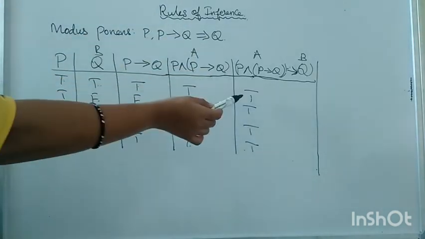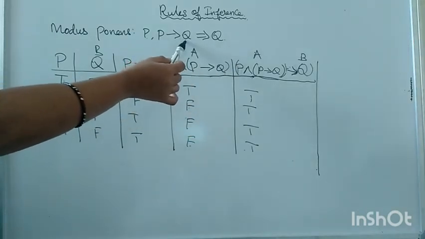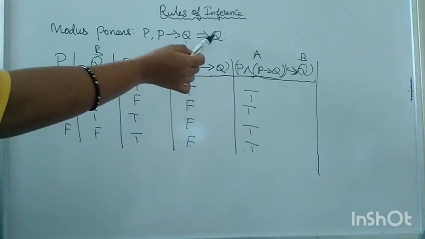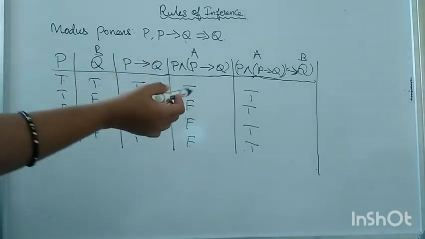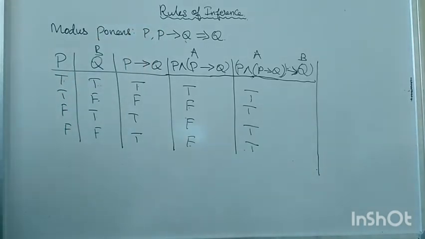So we can conclude P and P implies Q tautologically implies Q. So we can conclude as per the rule T. What's the rule T?